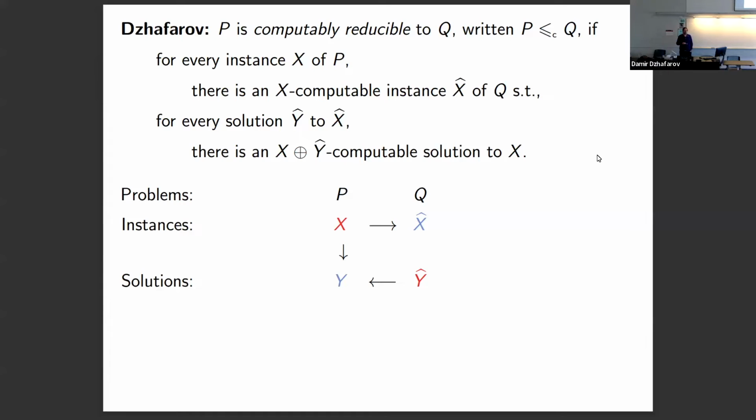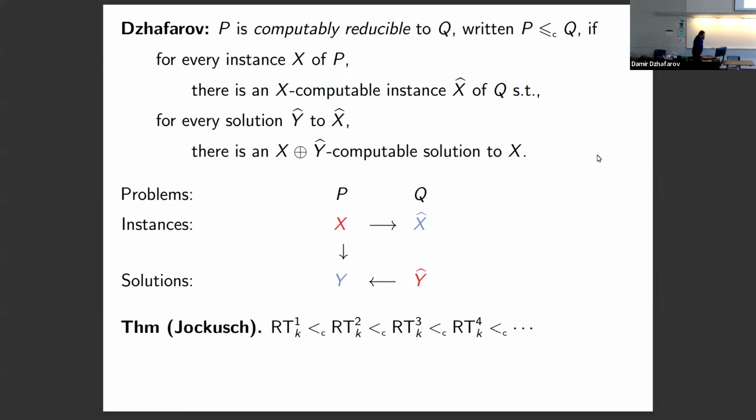What it allows us to do, among other things, is to precisely state some theorems that would be hard to state otherwise. If you look at Jockusch's results mentioned before, the fact that RT_n^k reduces to RT_{n+1}^k is pretty easy. It's one of those things where you just ignore one element of each tuple.